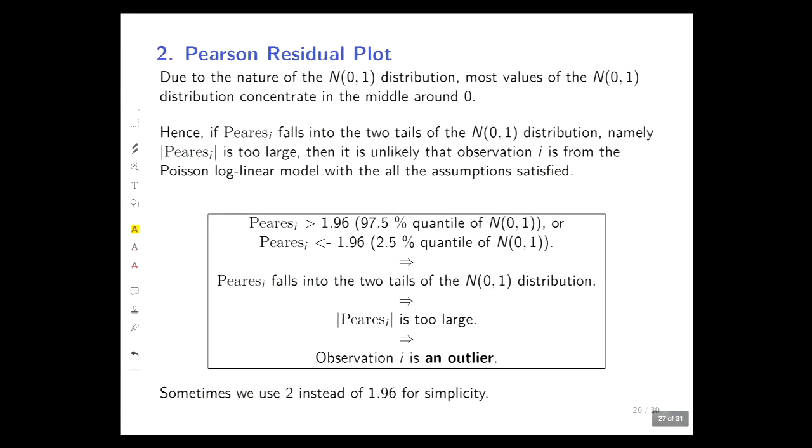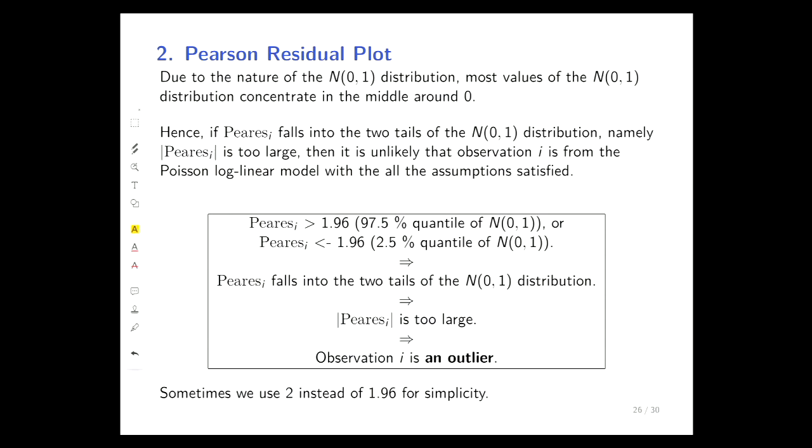So in this case, because we have the Pearson residual on the same scale, we can use this normal distribution to help us to check whether or not one observation is an outlier.